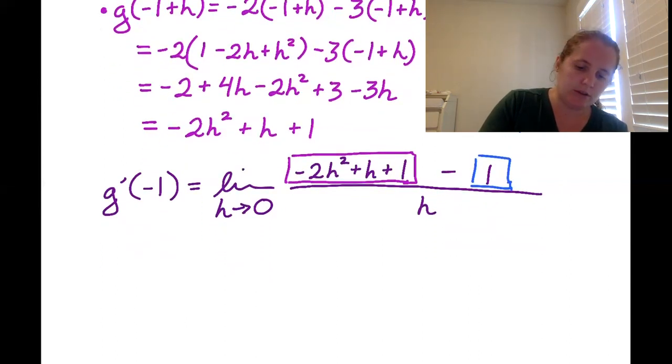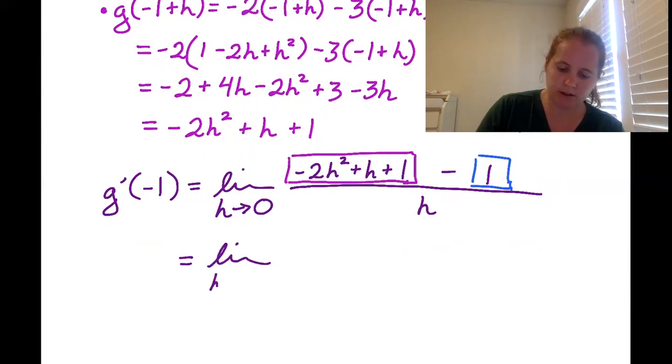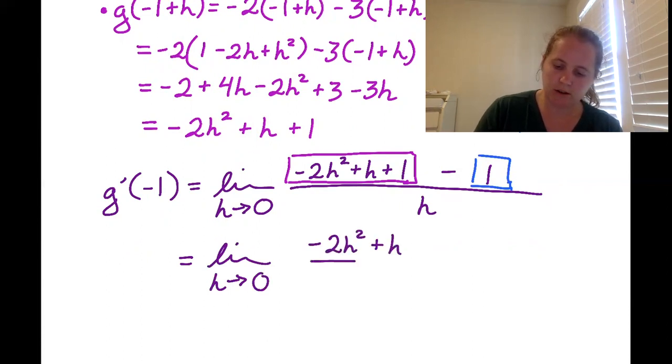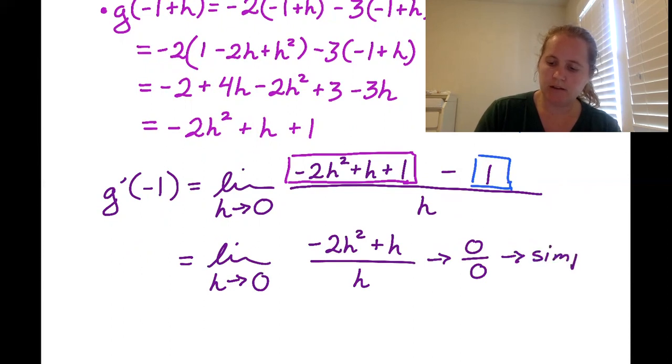If we simplify further, we now have the limit as h goes to 0 of negative 2h squared plus h all over h. This again goes to 0 over 0, so we need to simplify.